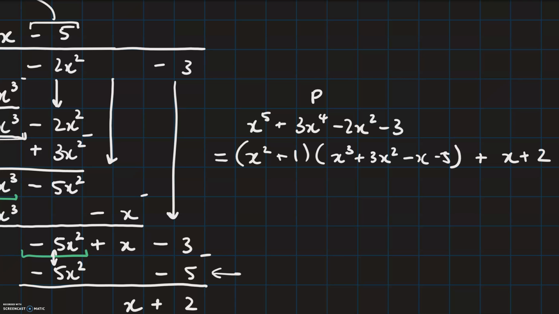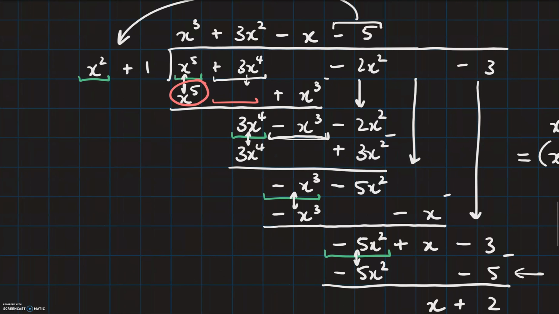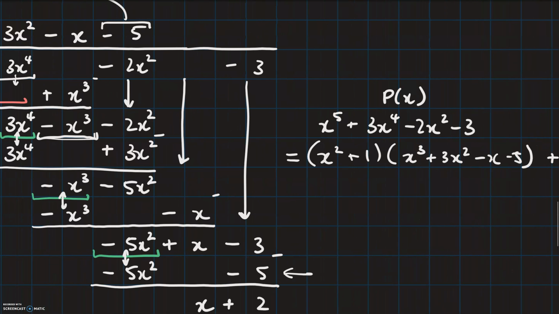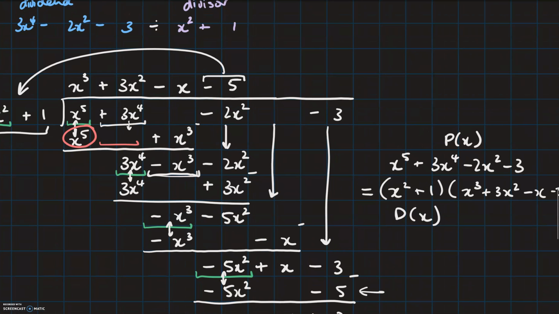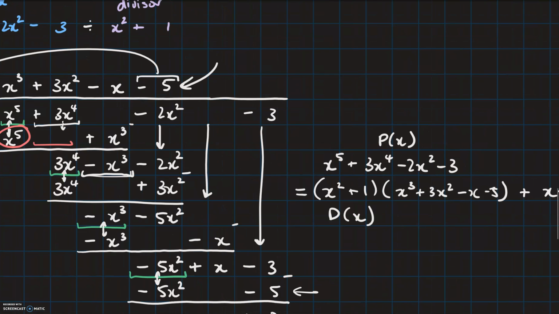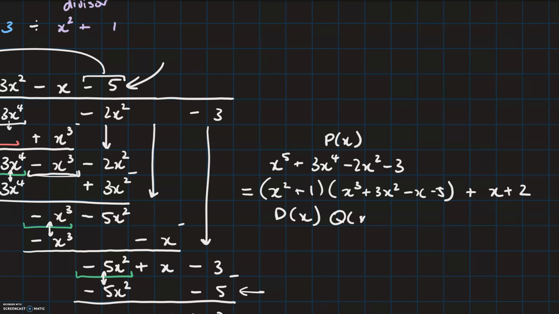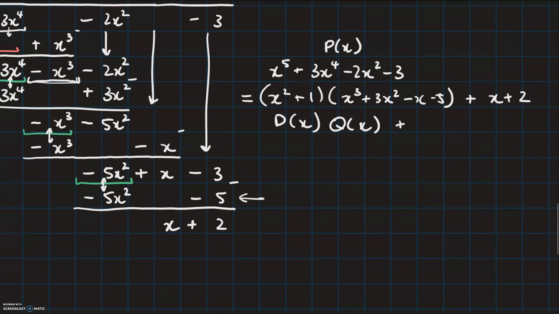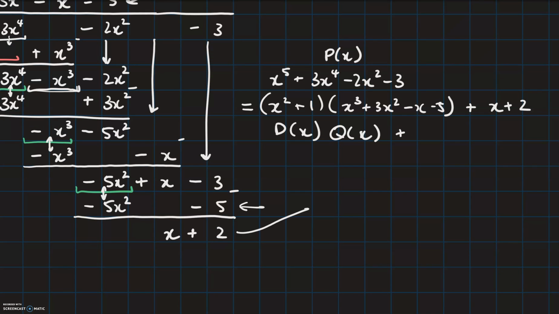So that's your p of x, if you remember from that notation, is equal to x squared plus 1, my divisor, or my d of x, times x cubed plus 3x squared minus x minus 5, my quotient up the top over here, plus my remainder that was down the bottom here. So remainder x plus 2. So that went through those two examples.